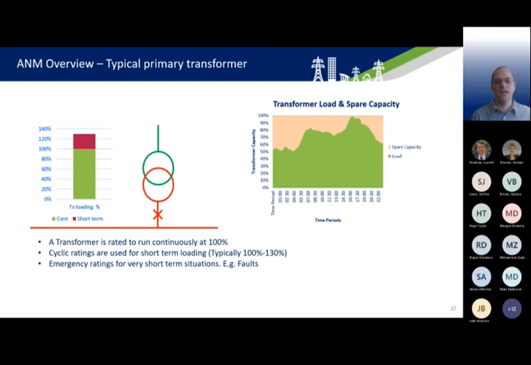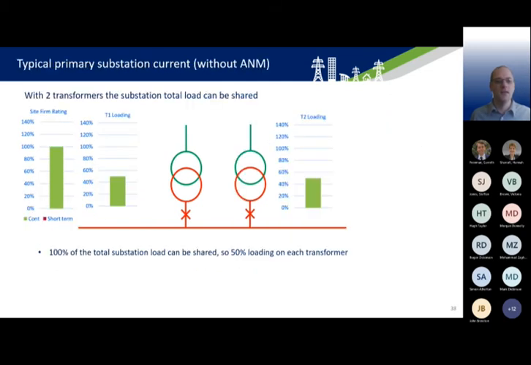And then for really emergency situations, we have extremely short ratings for some of this equipment. So a lot of our substations at primary sites have 2 transformers. So it's a really good example of where the A&M system can offer us benefits.